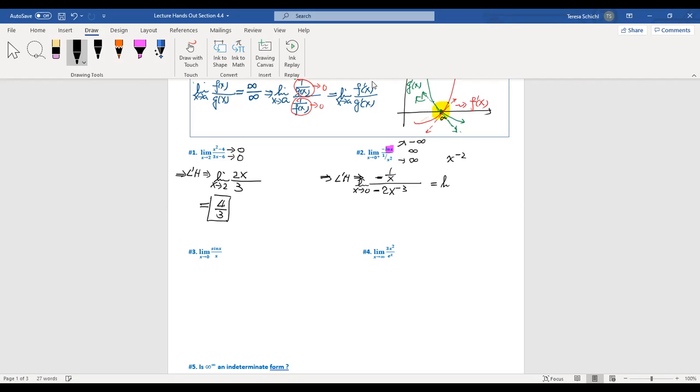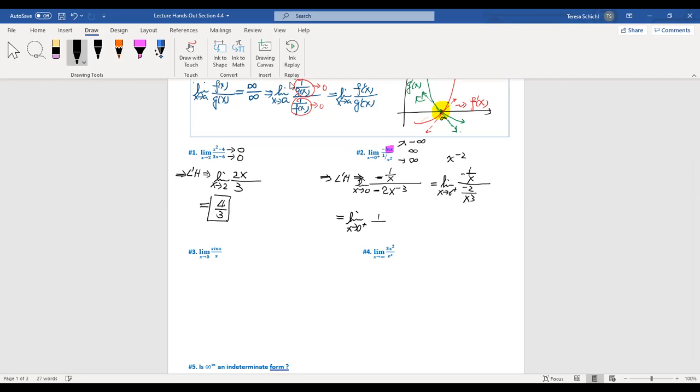So this is the limit as x approaches 0. Okay, let's simplify it a little bit. Approaching 0 from the right-hand side, this is negative 1 over x, divided by negative 2 over x cubed. Then the negatives cancel. Of course, don't forget the limit as x approaches 0.